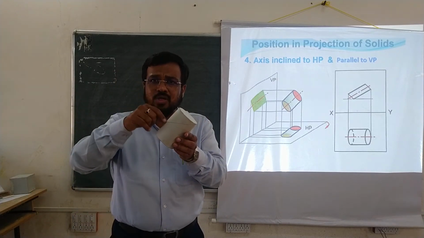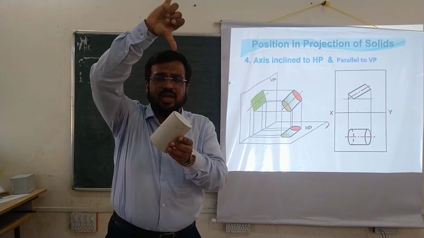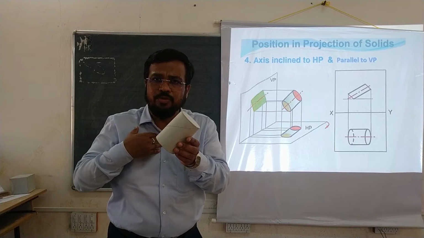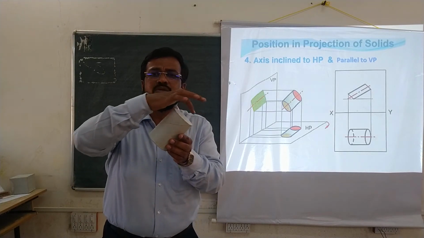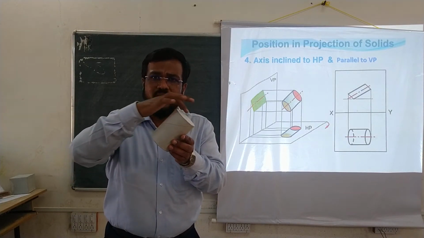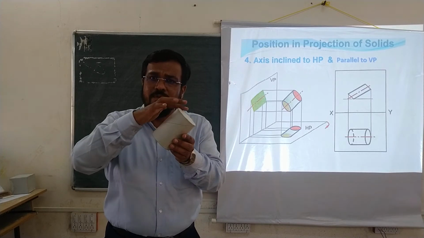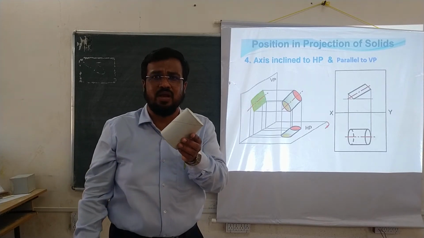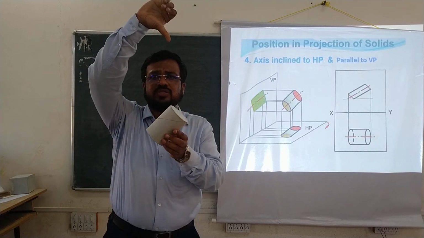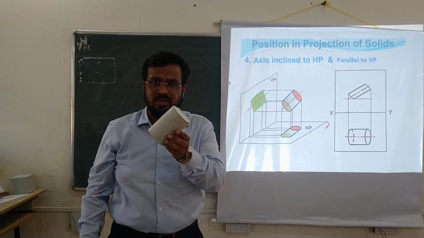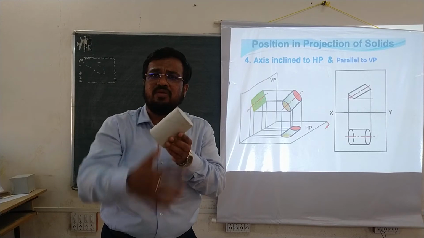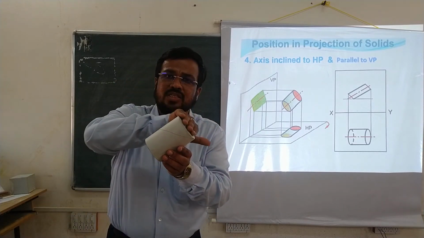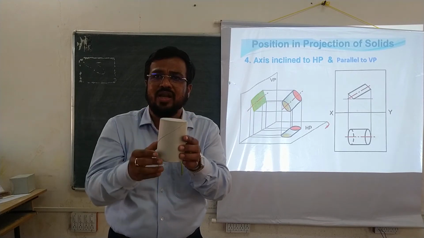And for the top view, if I imagine I am standing over here and observing this object from this position, I would be able to visualize this top face clearly. But my dear friends, this top surface will not be seen in the form of a circle for a person sitting at the top of this object. This circle will be visualized in the form of an ellipse, because this plane surface is not like this.